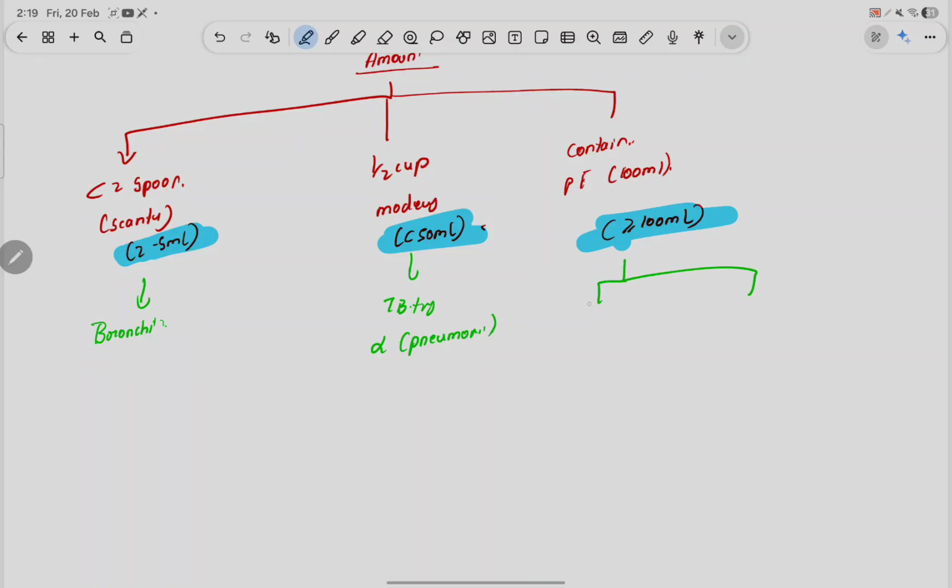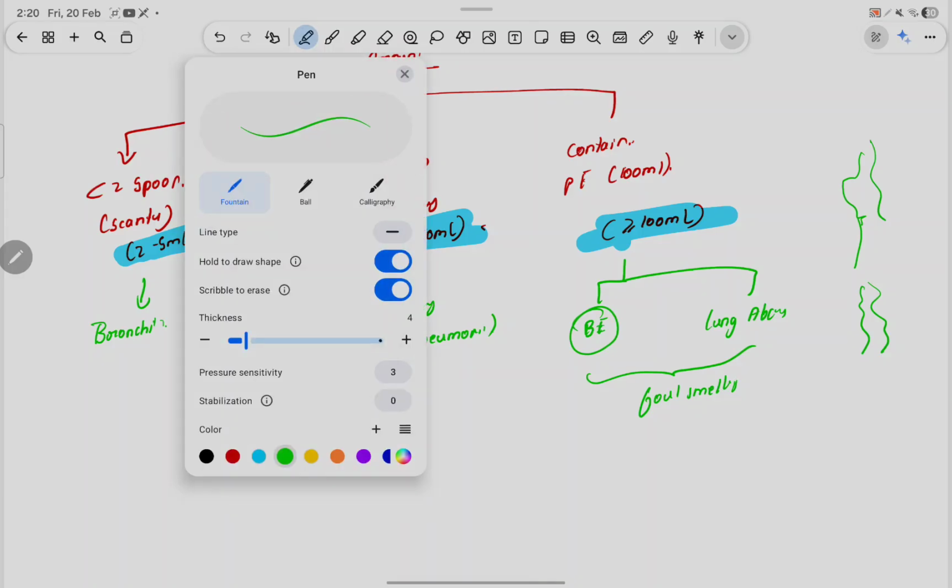And greater than 100 ml is bronchiectasis. You know the pathology as you read in theory: saccular, fusiform, the different types of bronchiectasis where they lose the epithelium and elasticity. Here, bronchiectasis and lung abscess will be foul smelling.